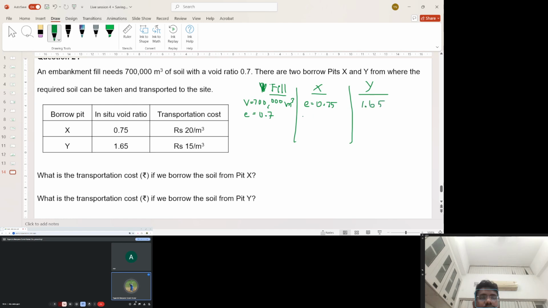Now, in order to calculate transportation cost, we know per unit volume what the cost is. We need to understand what is the total volume to be borrowed from X, and in case of Y, what is the total volume to be borrowed from Y. So what is the parameter which does not change in all the three cases?